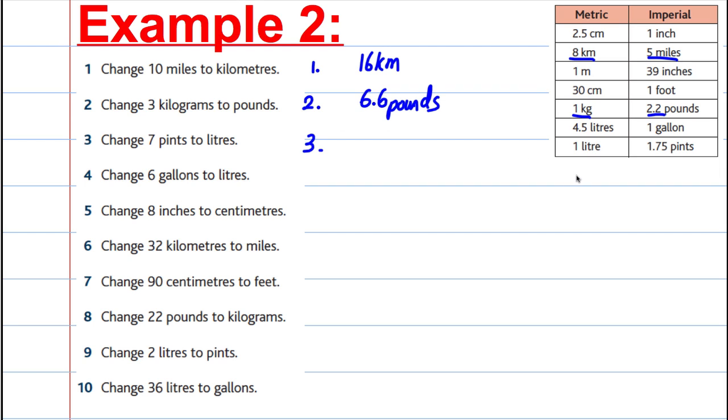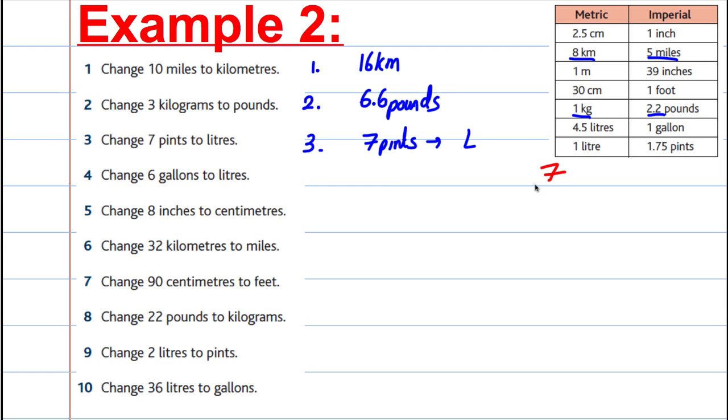7 pints to litres, okay, so this is slightly more complicated here. I've got 7 pints and I want to convert this into litres. First thing I do is, I'll do this in separate working here.